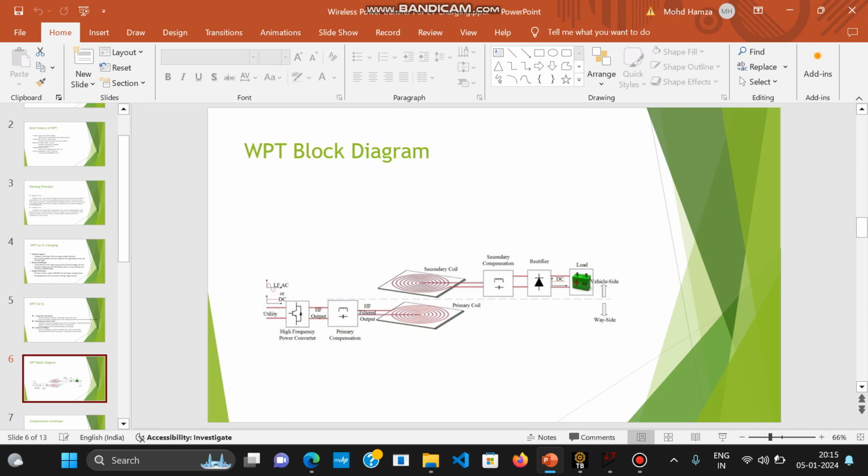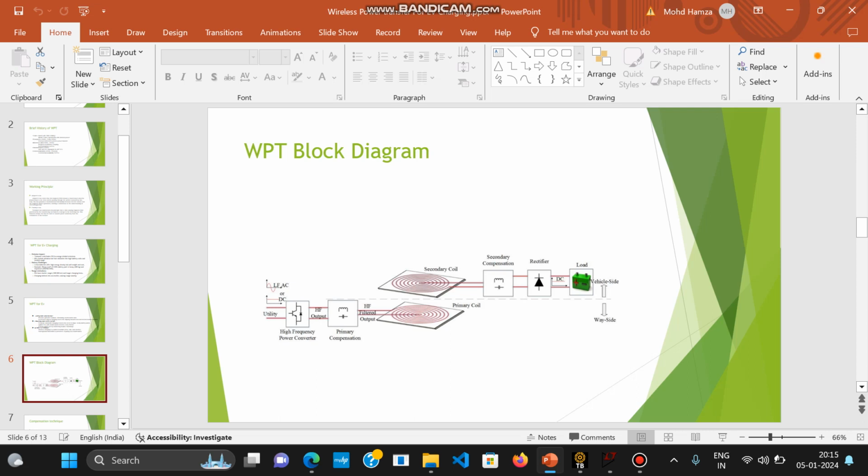Okay, so what is the resonance condition? Resonance condition is a condition at which both the circuits will work at a minimum resistance so that maximum power can be transferred between them.